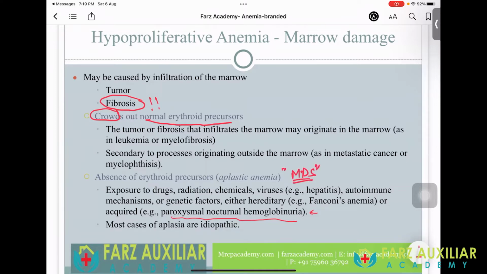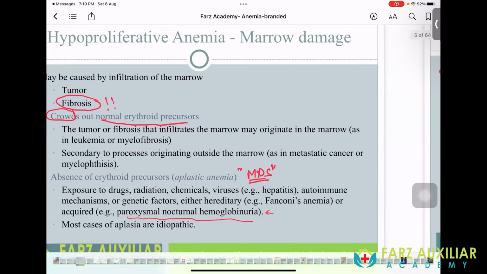Wherever there is exposure to drugs, radiation, chemicals, some viruses, or autoimmune mechanisms, all of them can play a combined role leading to depression of RBC production at the level of bone marrow, leading to hypoproliferative anemia. Most of those cases are idiopathic. We haven't found the reason.